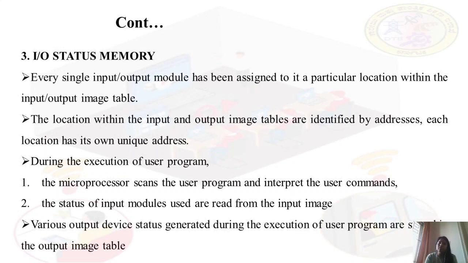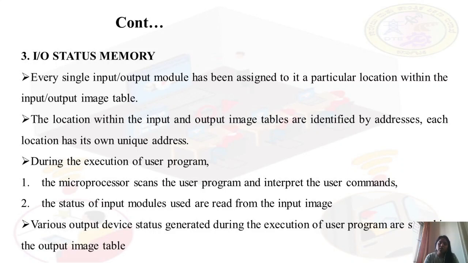Next, I/O status memory, that is your input or output status memory. In the previous sessions, I have already explained that in the system, the inputs are always monitored. Understood? So whenever it senses the input variables, they will be stored in the RAM, that is random access memory. Again, it is divided into two sections: one is the input image file and another one is the output image file.